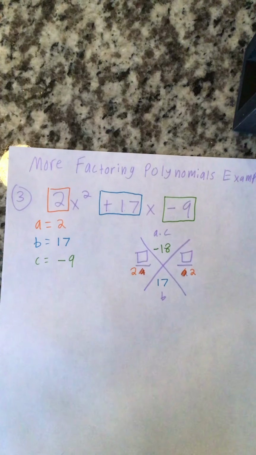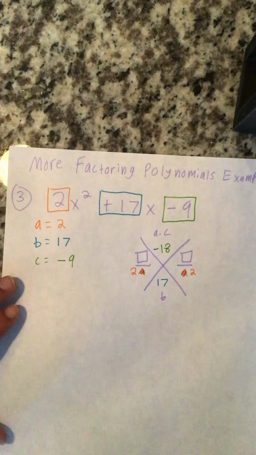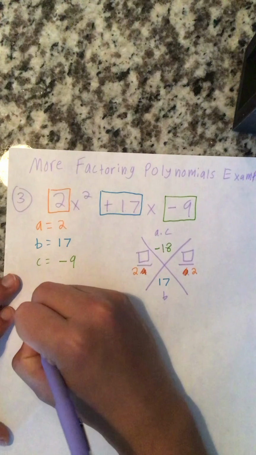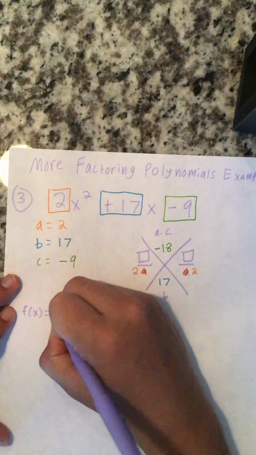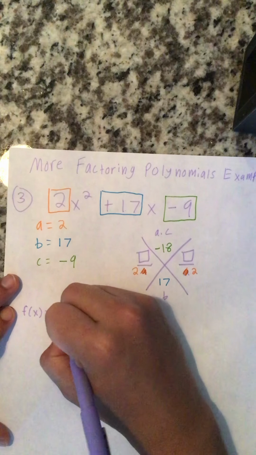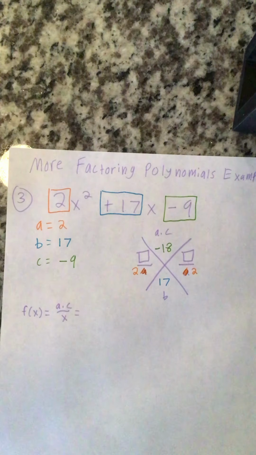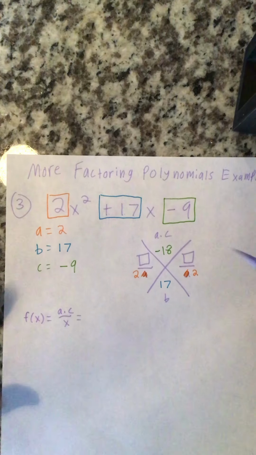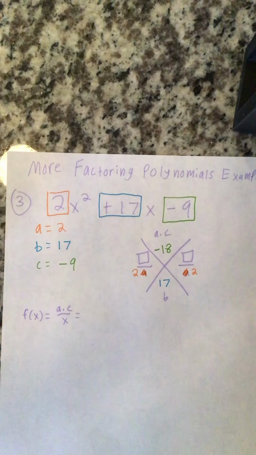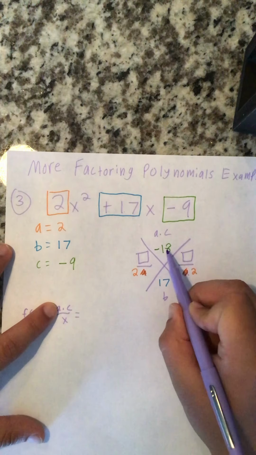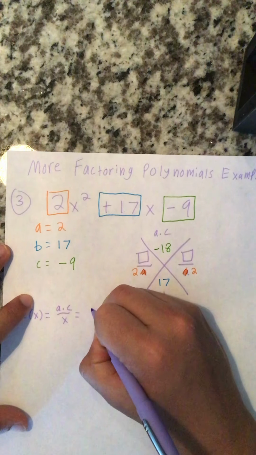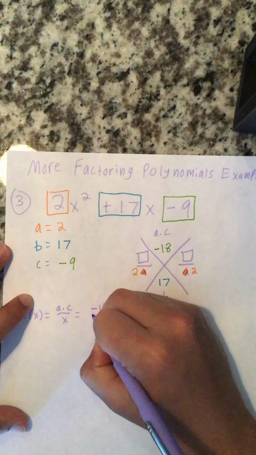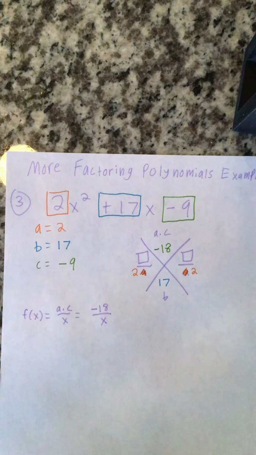Now everything is set up on the x, and now I can find what's in these two boxes, okay? So remember, when I find what's in those boxes, I have to make 2 equations. My first equation, remember, is f of x, and that equation is A times C over x, which is negative 18 over x, okay?